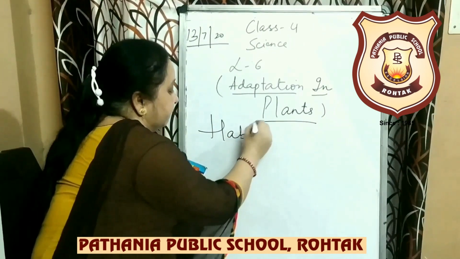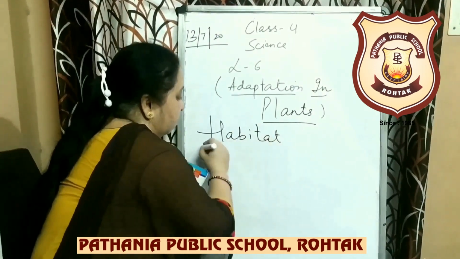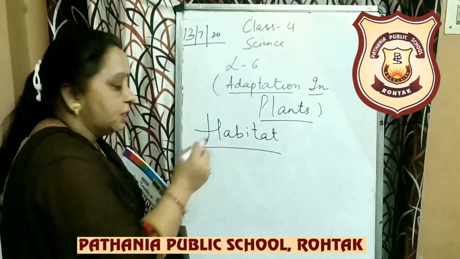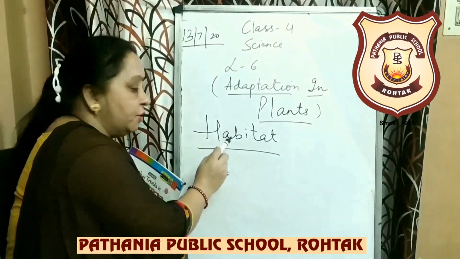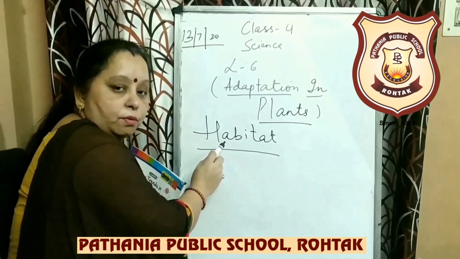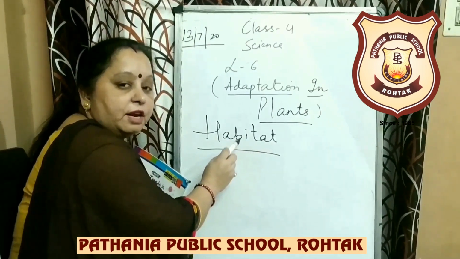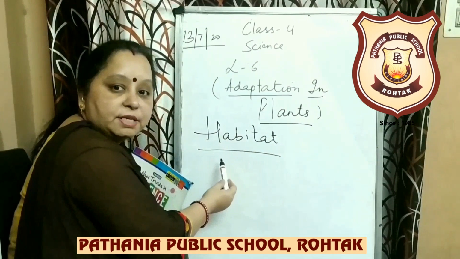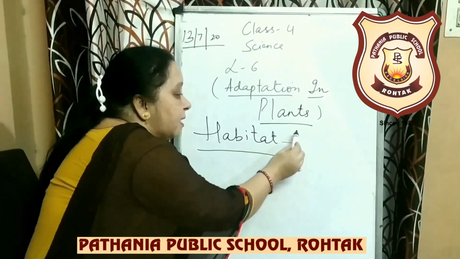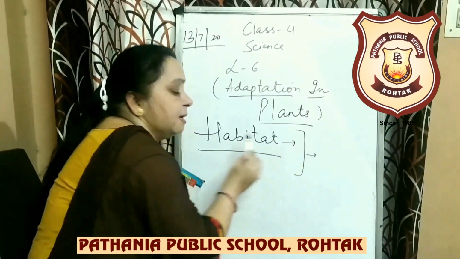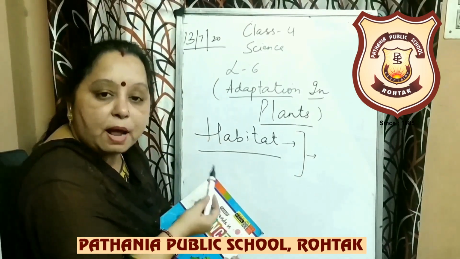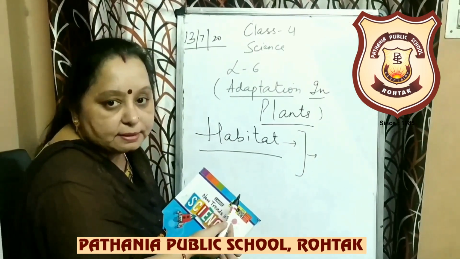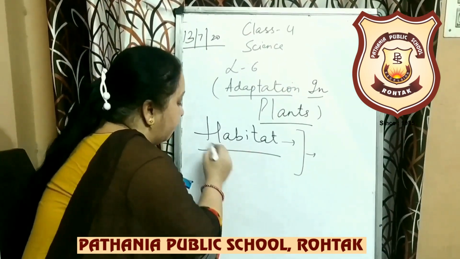habitat. Okay. The place where you live, you grow, where your family members live, where you enjoy your life, that place is called habitat. In a similar way, the place where the plants live, the plants grow, that place is called plant habitat.